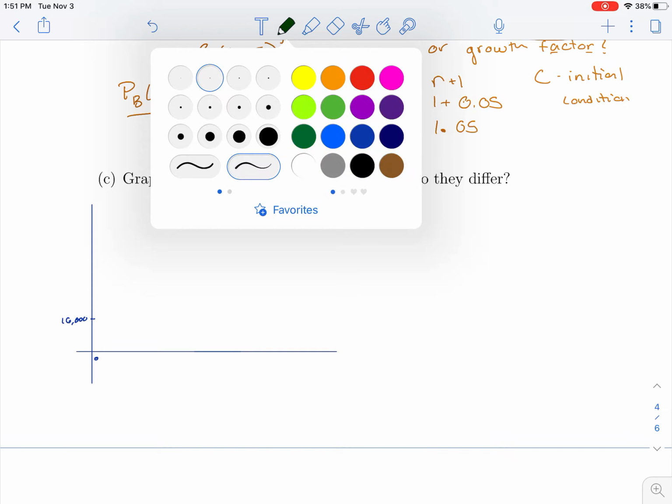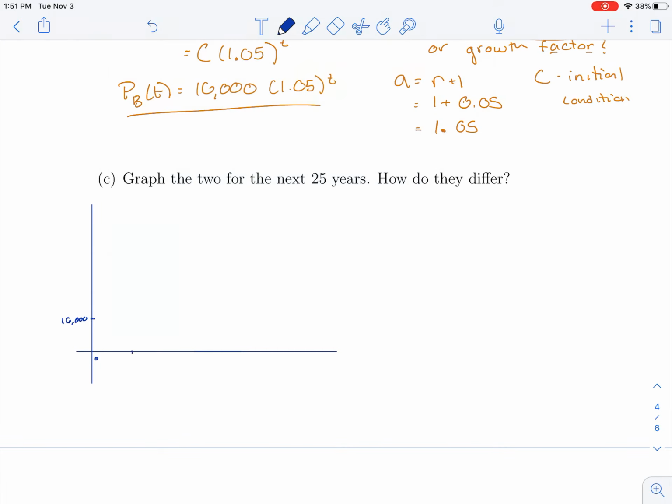So we're going to have 5, 10, 15, 20, 25. So at 0, we know that we're going to have 10,000.